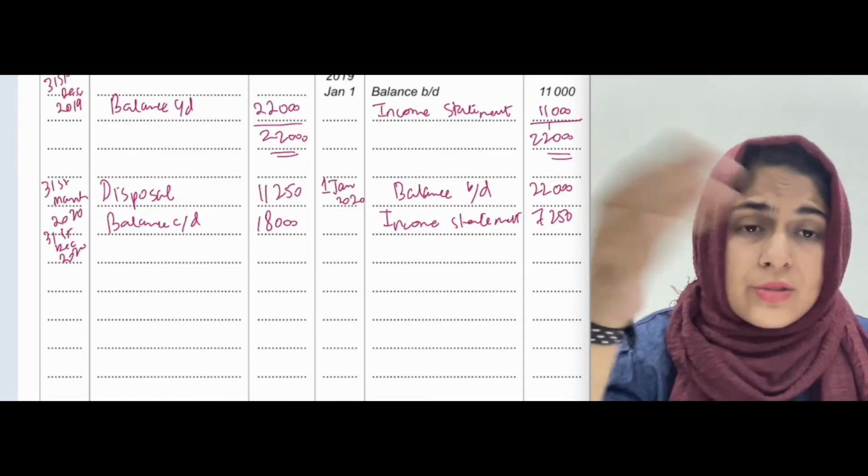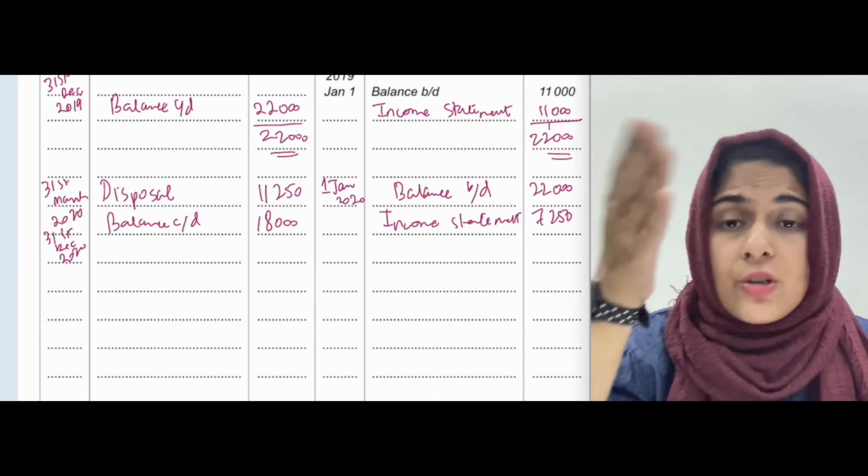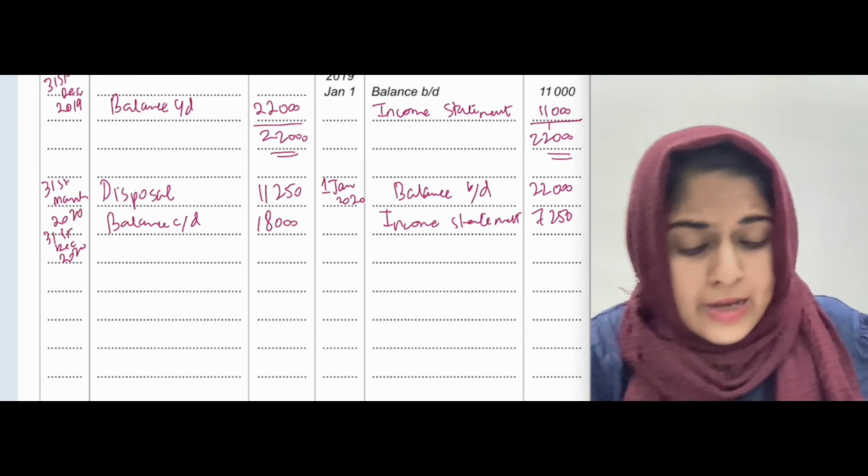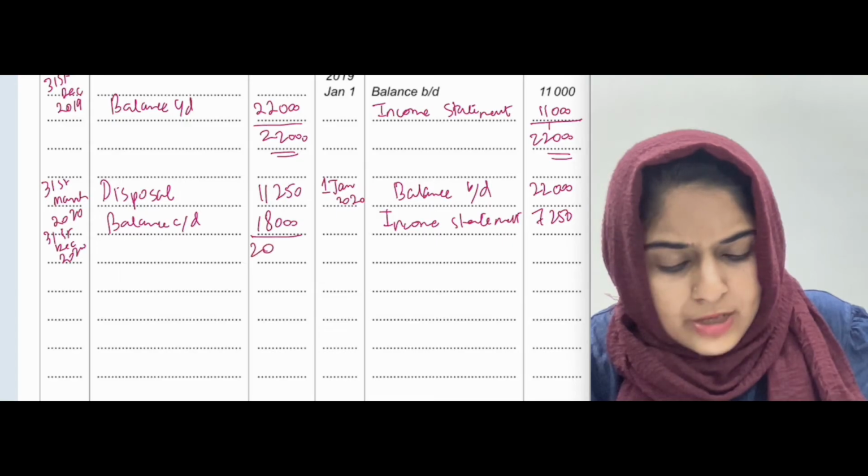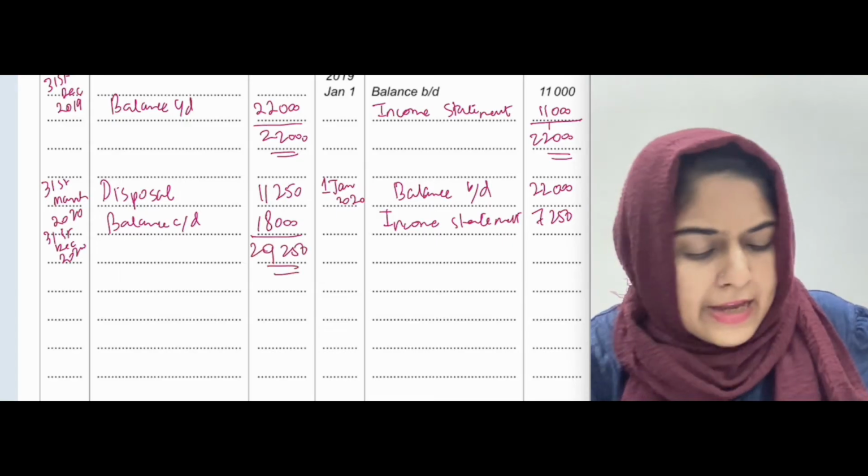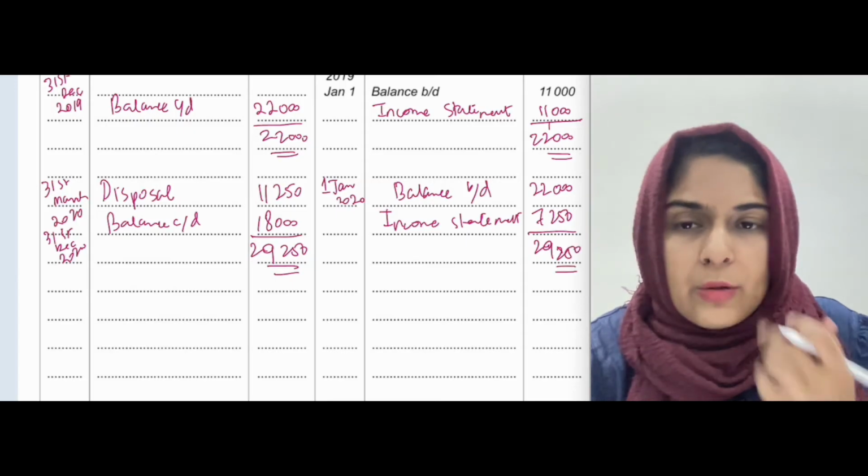Basically 18,000 is the accumulated depreciation on delivery vehicle A. ठीक है. तो हम जब इस अकाउंट को टोटल कर देंगे तो ये आ जाएगा 29,250 and both sides will equal to 29,250 and then I will bring down the balance.